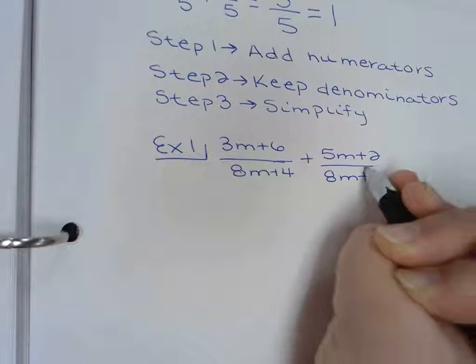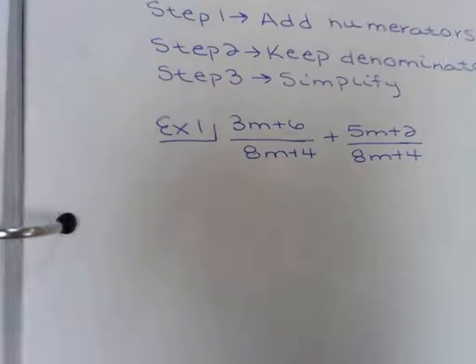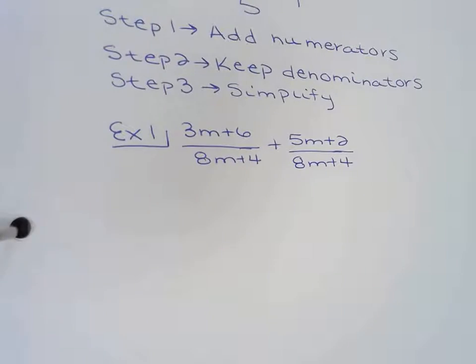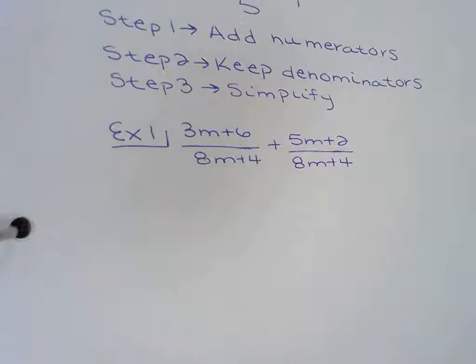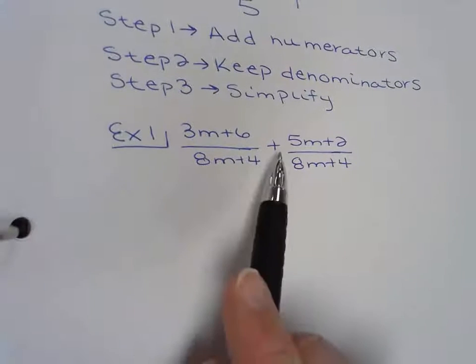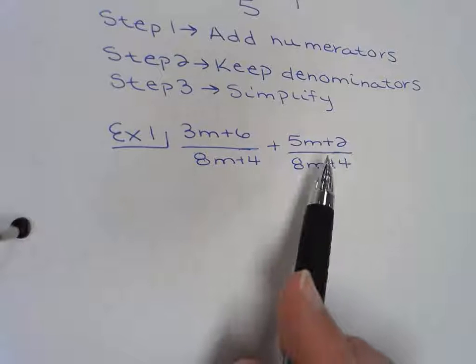So get over the fact that these look a little stressful, a little complicated. I get that. But if you think about it, we are adding rational expressions. We are adding two fractions that have variables and stuff in them.